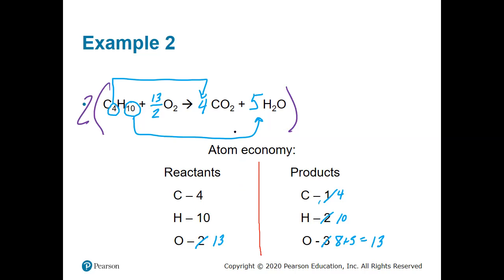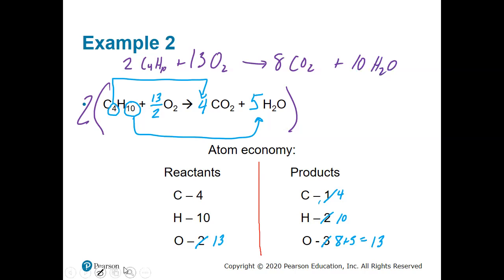So our final balanced chemical equation would be 2 butane, 2 times 13 halves is 13 oxygen. 2 times 4 is 8 carbon dioxide. 2 times 5 is 10 water.